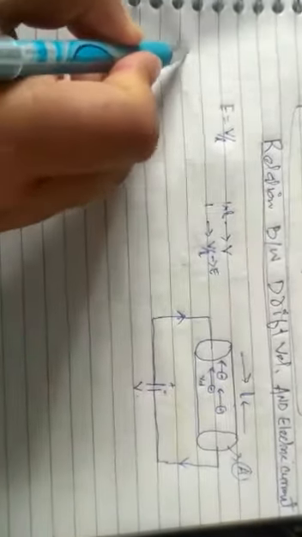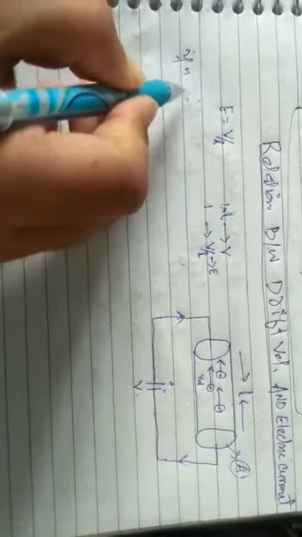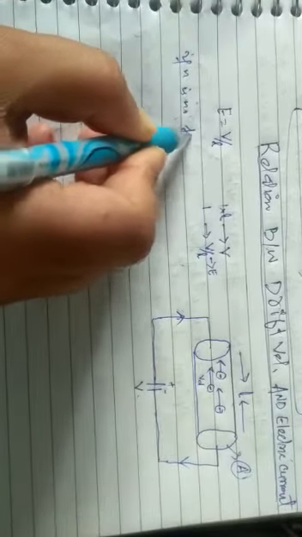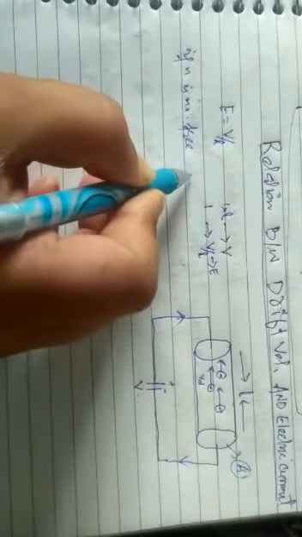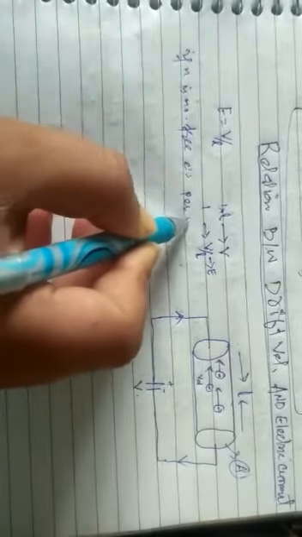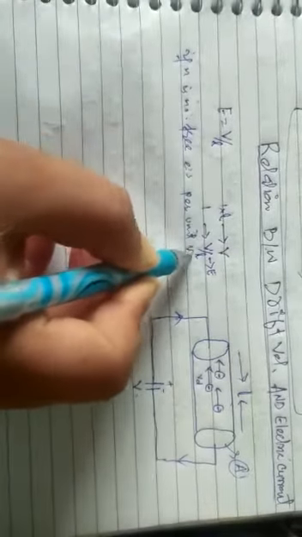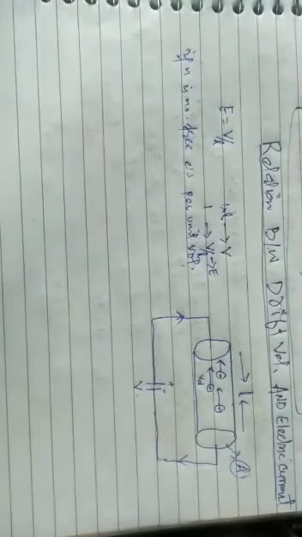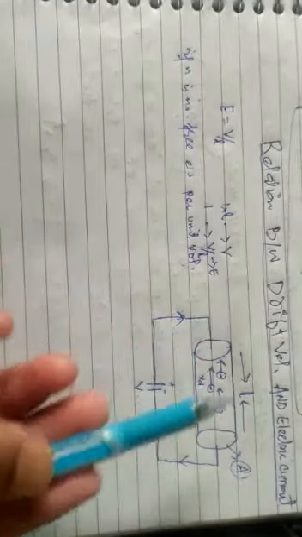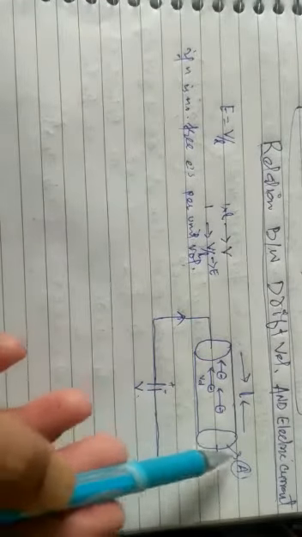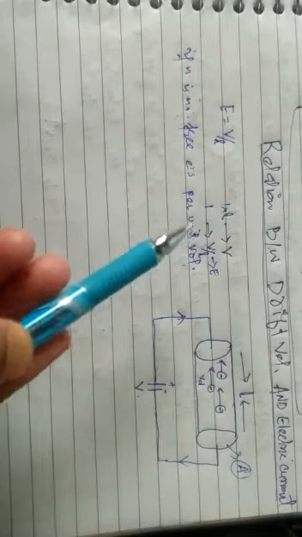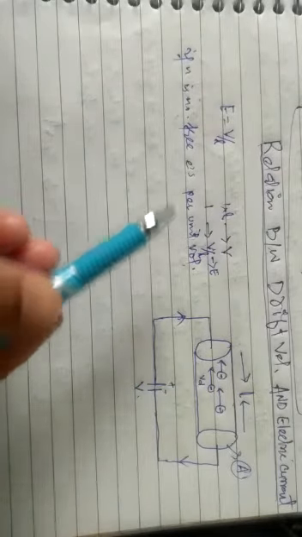Now let n be the number of free electrons per unit volume. The conductor has an area A and length L, so its volume will be A into L. In unit volume we have n electrons.